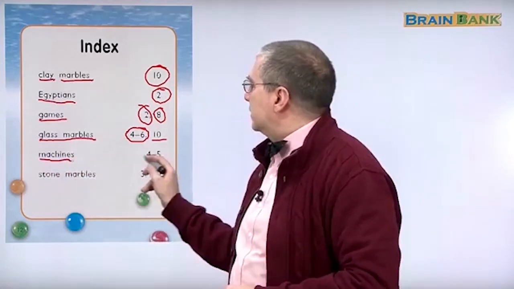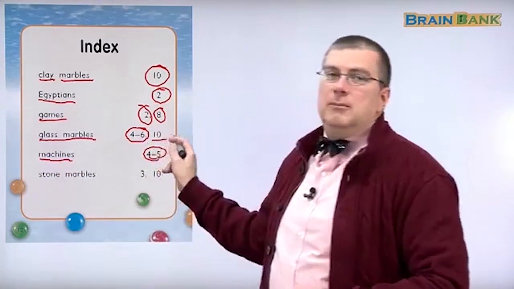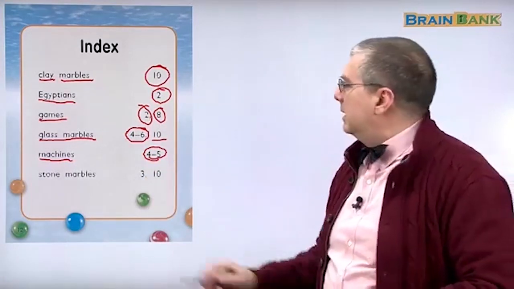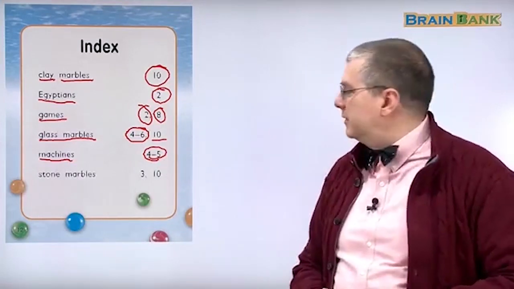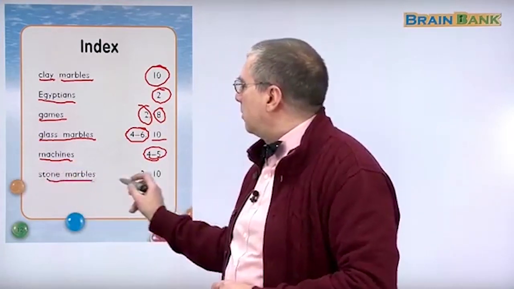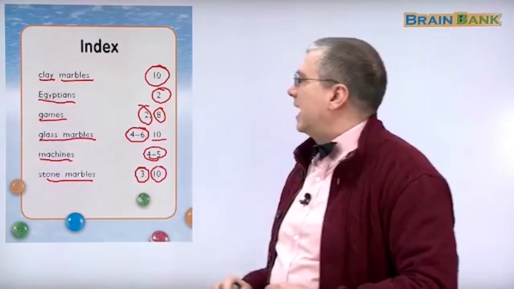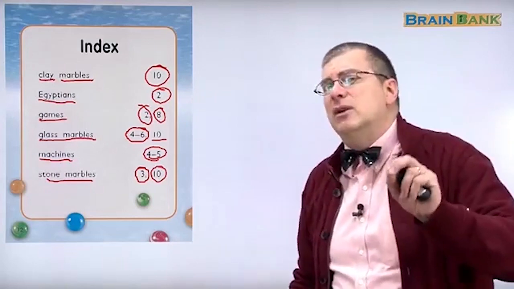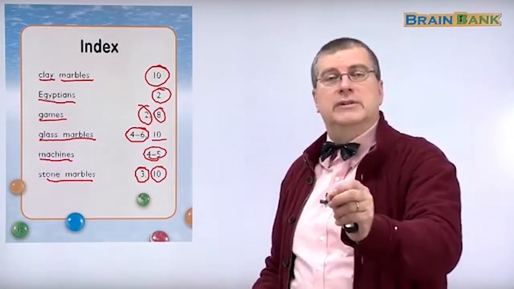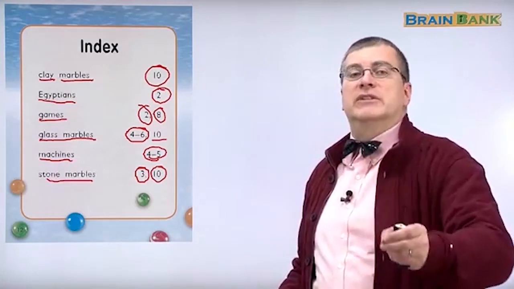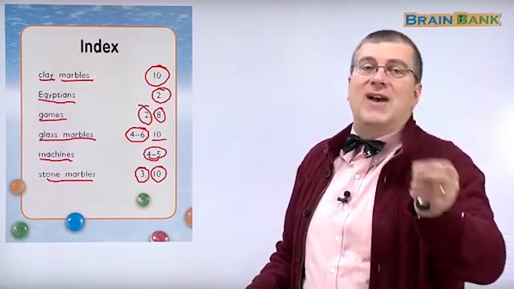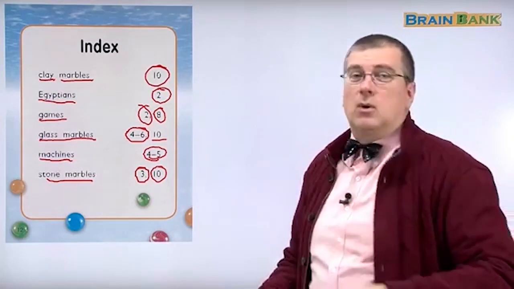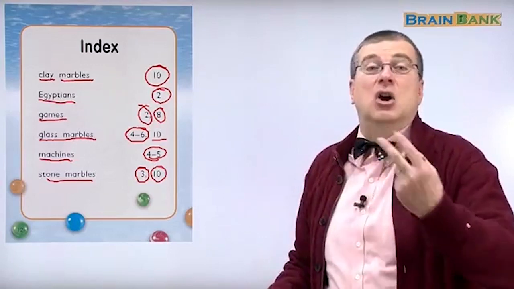We talked about machines, pages 4 to 5, right? Machines are used to make glass marbles, so these pages are similar, right? So pages 4 to 5, we talked about machines, and we talked about stone marbles on pages 3 and 10. So an index in some books, not every book has an index, but some books have indexes, especially books about important facts or important things that you read about, like history or maybe geography, right?